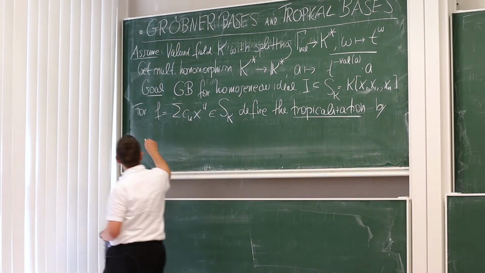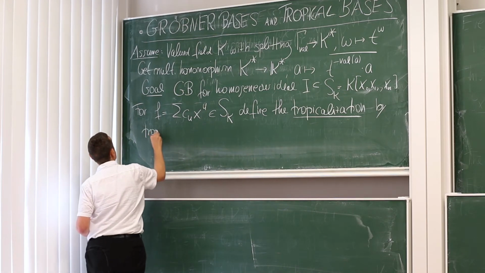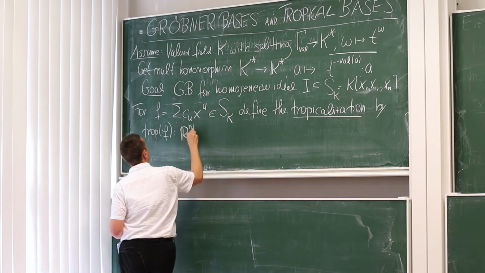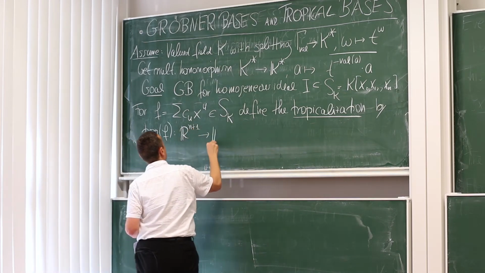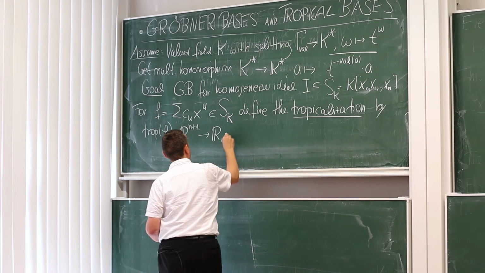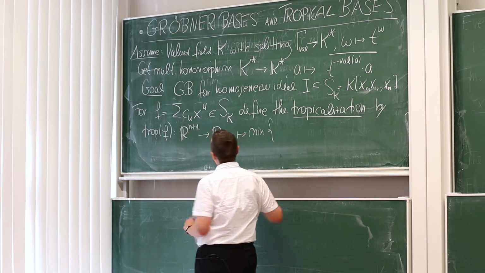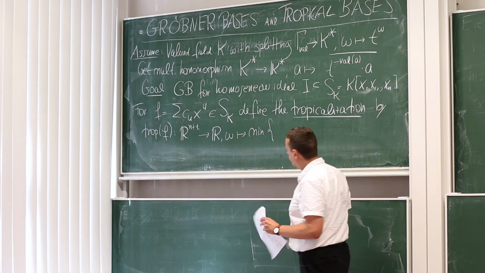Okay, so the tropicalization is a tropical polynomial, so it's a function from R^(n+1) into R. And in classical notation, it's given as the minimum of a finite list of affine linear functions.